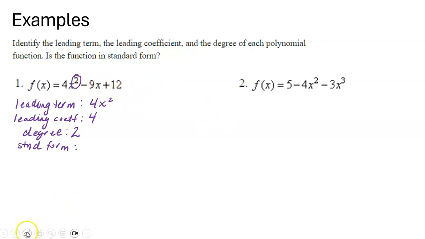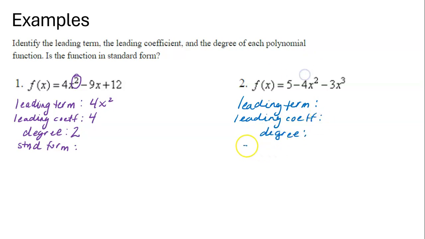Okay. Let's pick a different color and do the same thing here. Leading term, leading coefficient, degree, in standard form. If you want, you can pause the video right here, see if you can write these things down and get them correct.